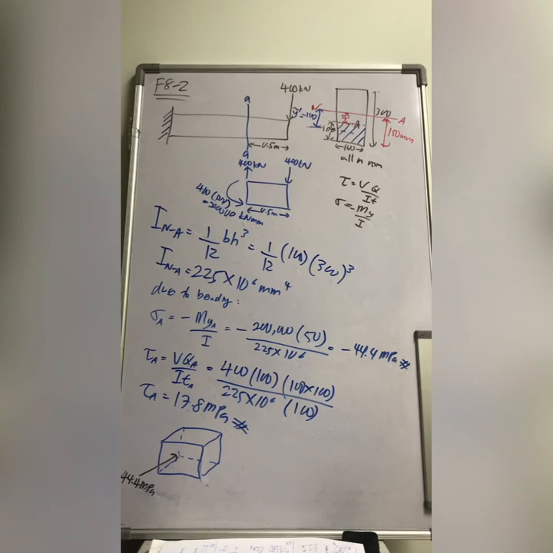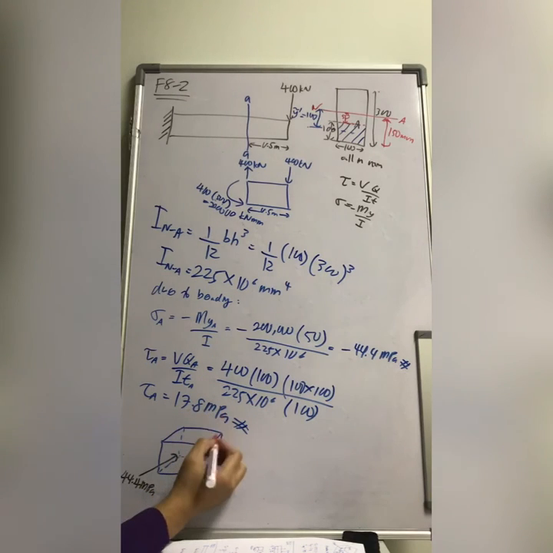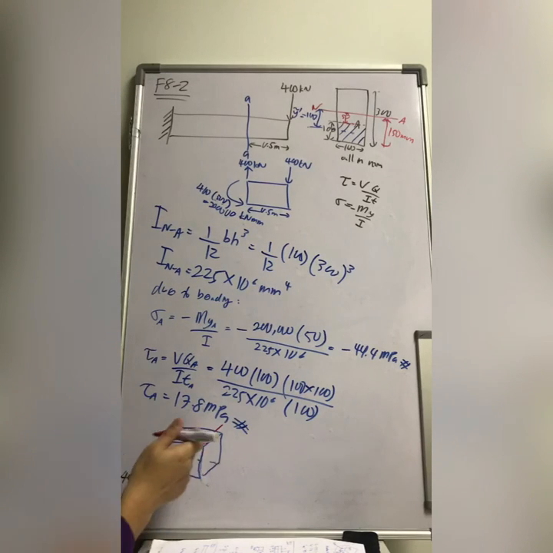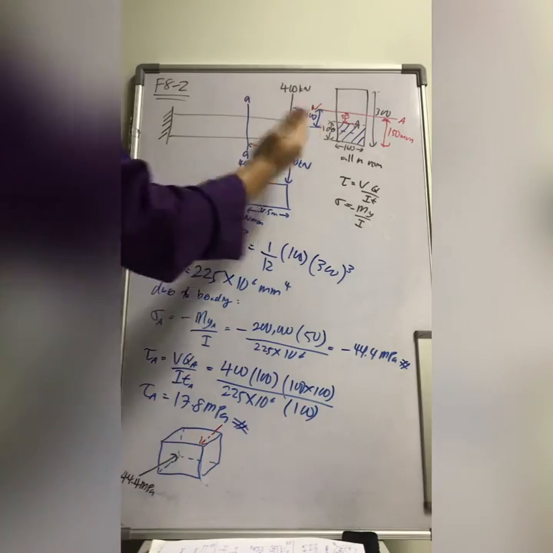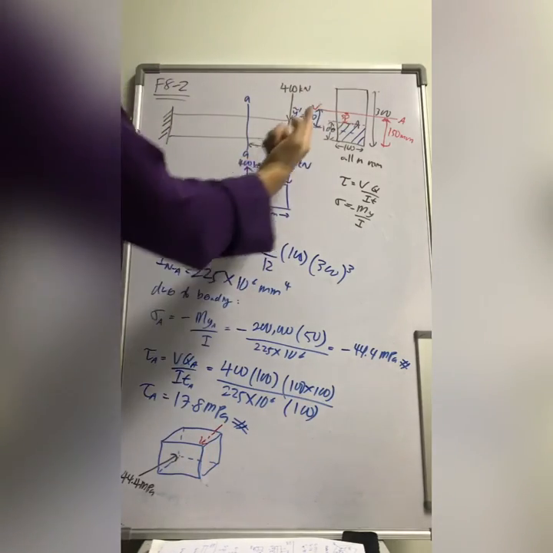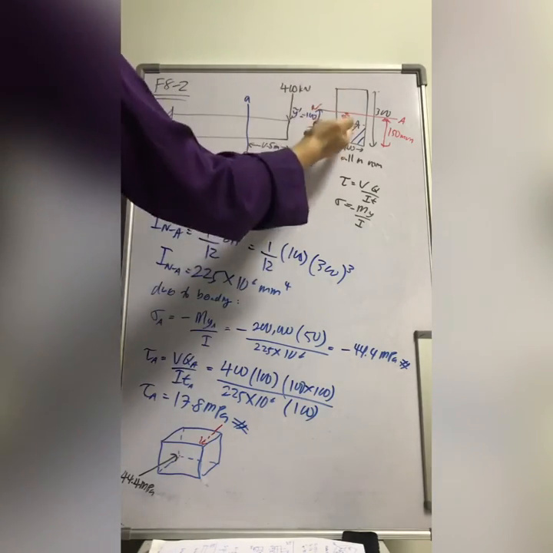Of course, you have this compression on the surface, and you have the one at the back as well, acting on the rear surface. Another one is you have this shear stress, 17.8 megapascal. The direction is going up, see, 400 kilonewton going up.